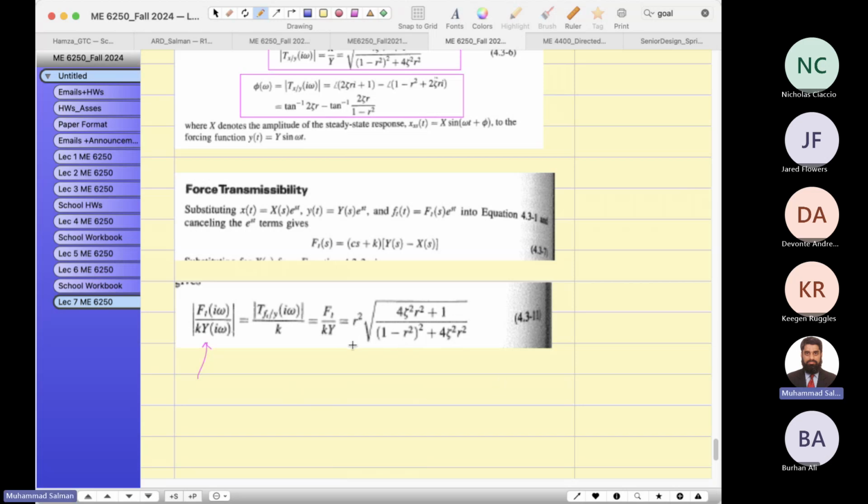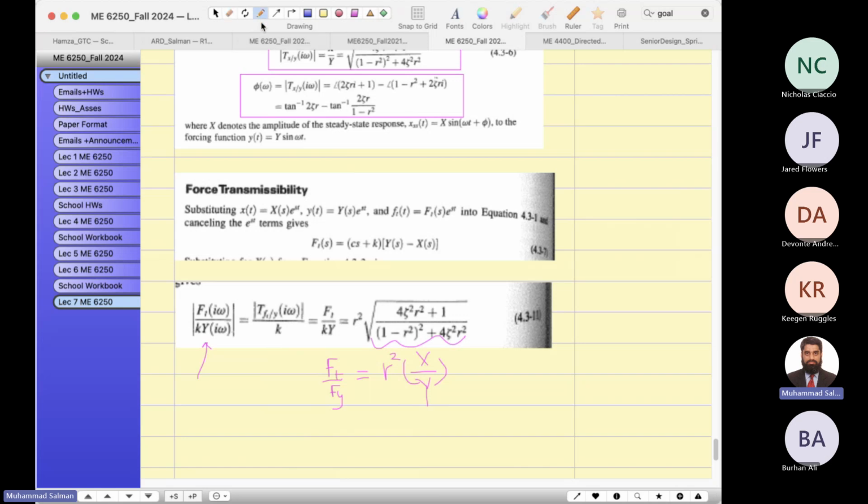So you see, what is this? This is the displacement transmissibility. You just multiply by r square, you get FT over FY, transmitted force over the excitation force. You see, this is the force transmissibility.